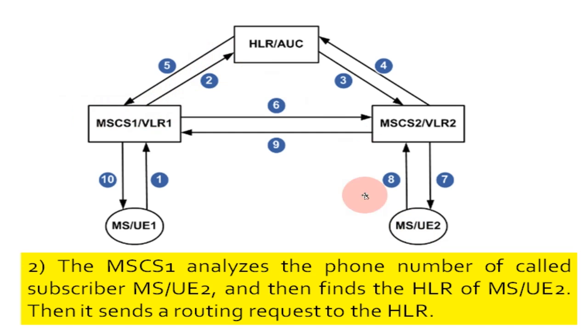If MS2 is registered in the HLR, then the MSC is going to request routing information from the HLR. The HLR is going to check and will approve that MS2 is properly registered in the network, and then we'll proceed to step 3.